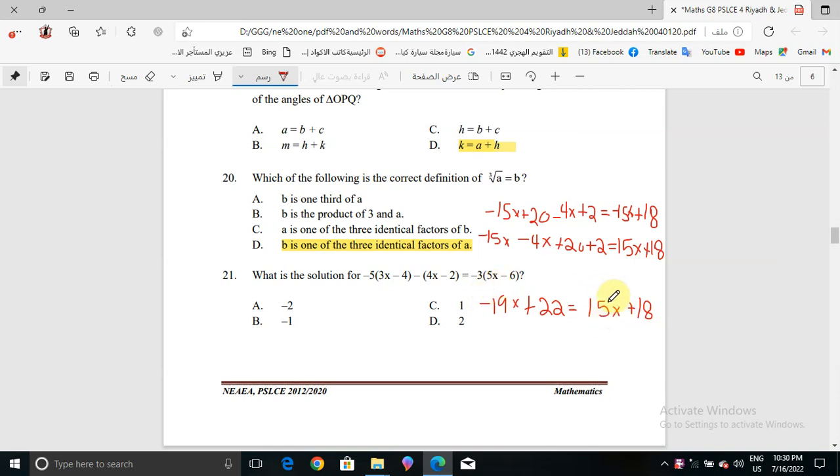Then we will shift the like terms together, negative 15x with negative 19x and 22 with 18. Then negative 19x plus 15x is equal to 18 minus 22.